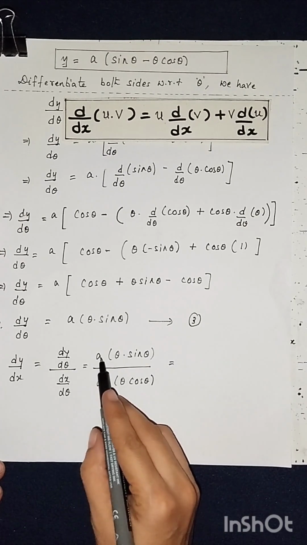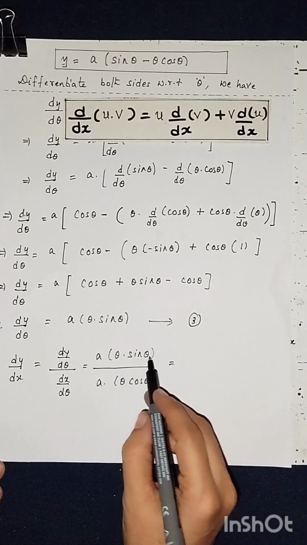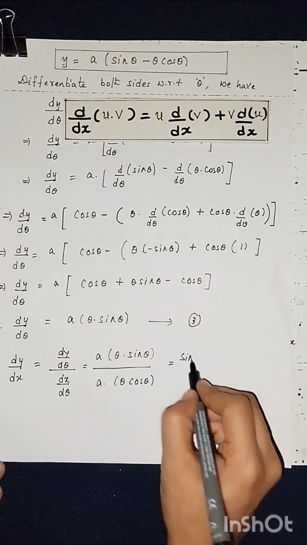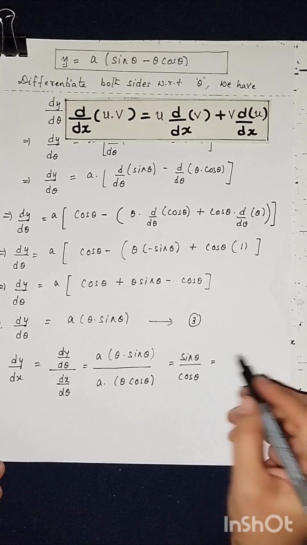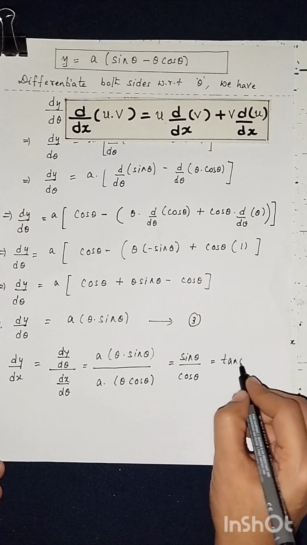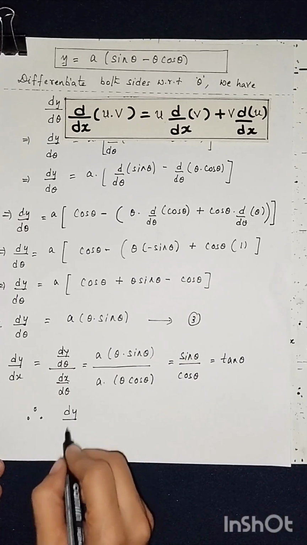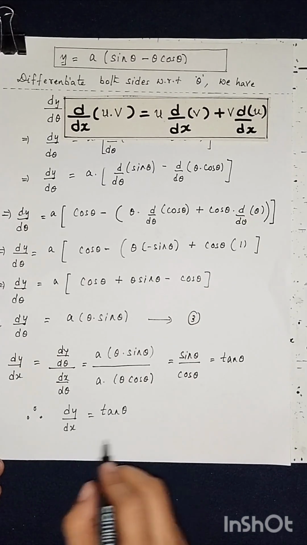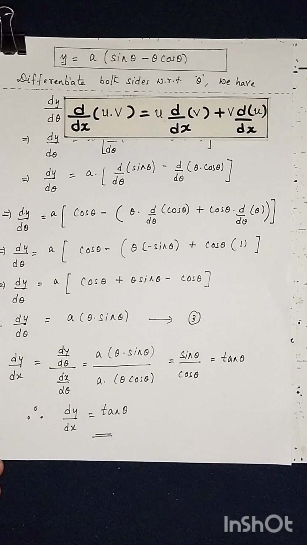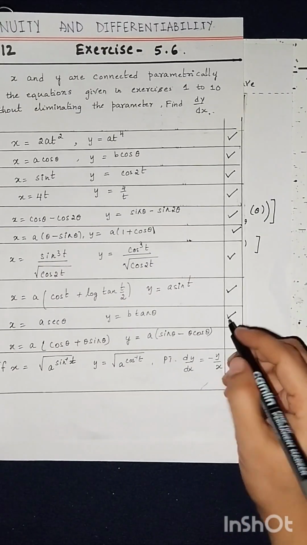If you observe here, a by a is 1, theta by theta is 1. So we will write sin theta by cos theta as the remaining, and we know this trig function is tan theta. Therefore dy by dx is equal to tan theta. So this is the derivative of the 10th function.